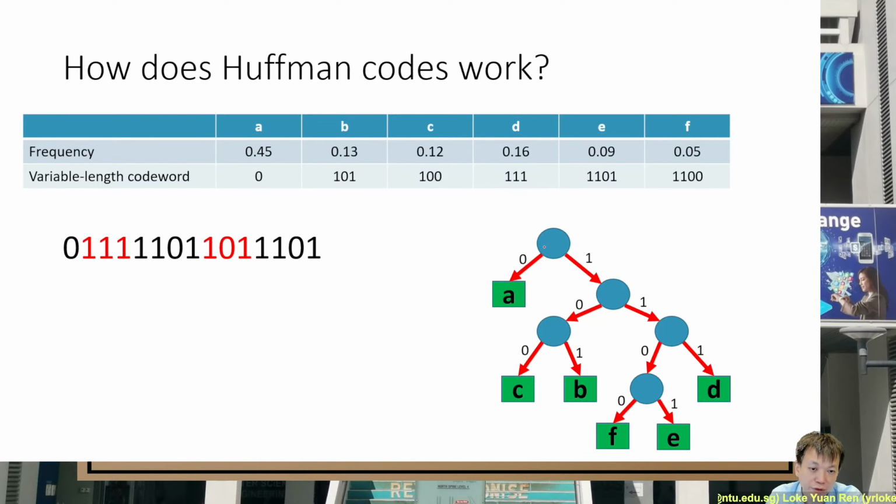You start from the root, and if it's 0, you travel to the left. If it's 1, you move to the right. For 1 0 1, that is B. 1 0 0 is C. They always have a unique path. D is 1 1 1.